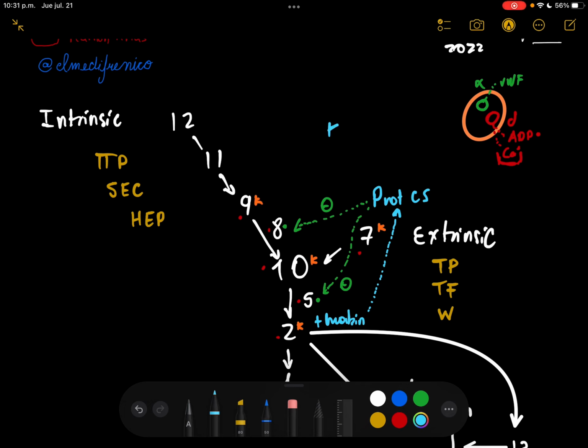It's another substance that is going to act like an inhibitor of this pathway, so it's going to act at the level of factor 12 and factor 11 active.